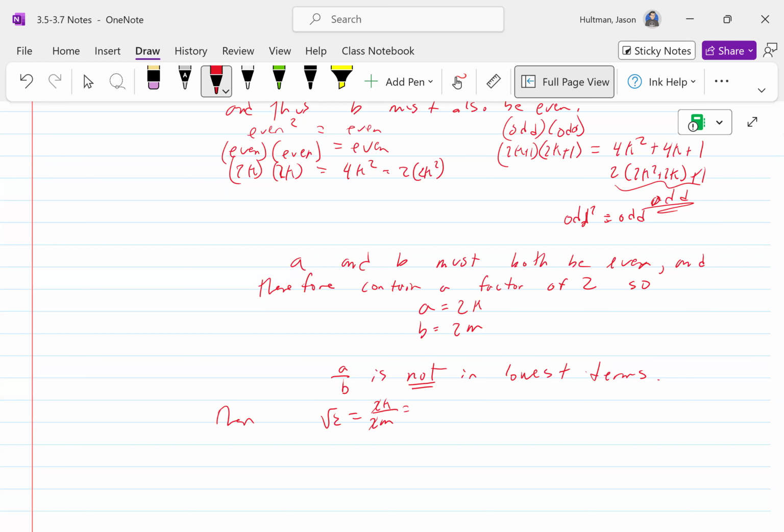Then we would keep going, you keep dividing by 2 infinitely, so you keep reducing infinitely.